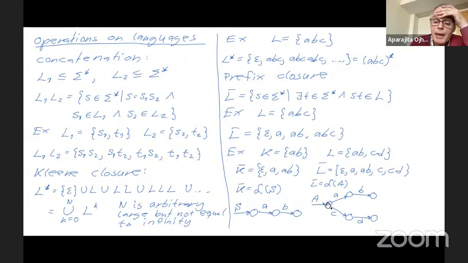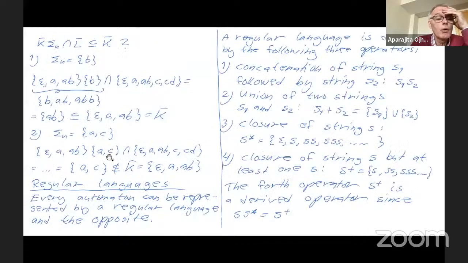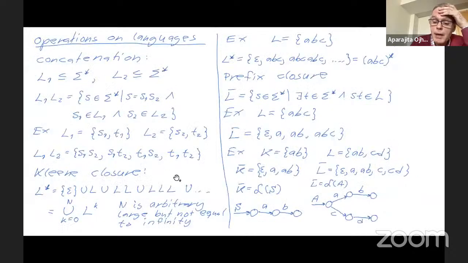But if the plant makes a C, which I indicated here also as a possibility for an uncontrollable event, what I mean by an uncontrollable event is simply an event which the plant decides independently of whether the supervisor likes it or not. So A can spontaneously take a C.